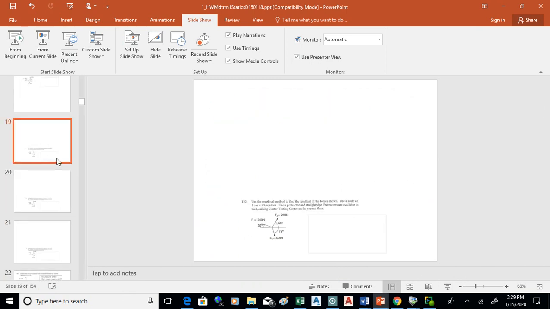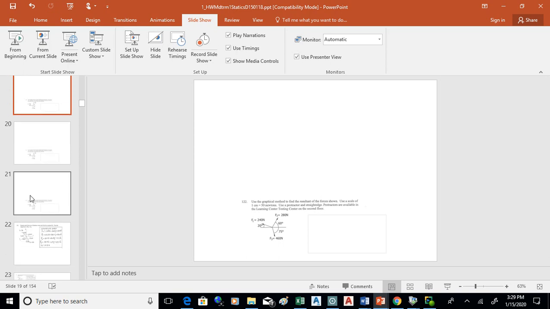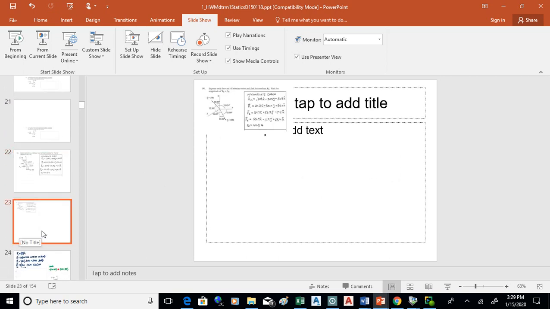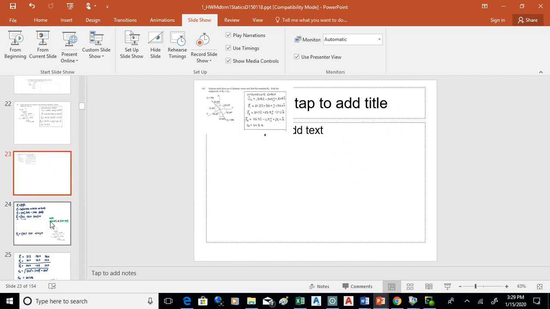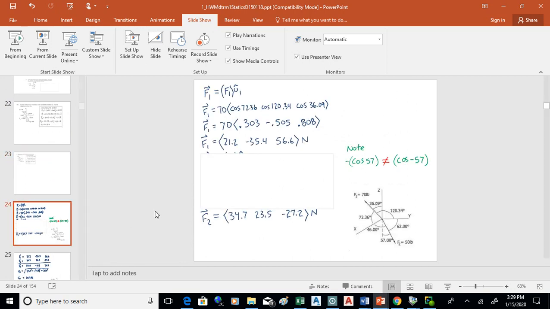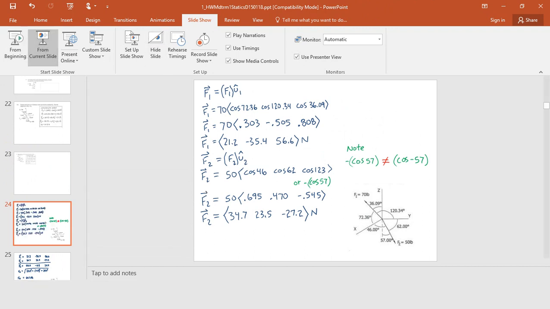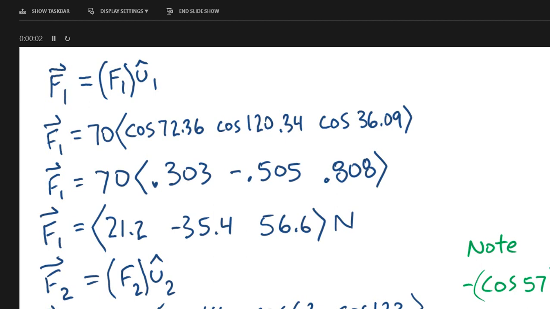Let's see here. There we go. So there's F1 and F2.